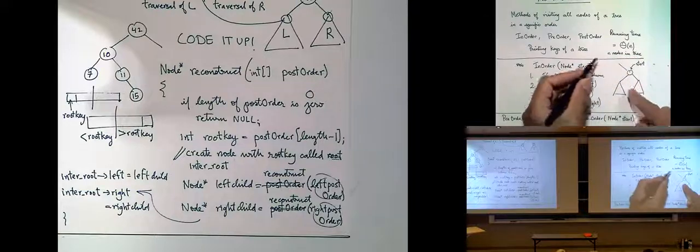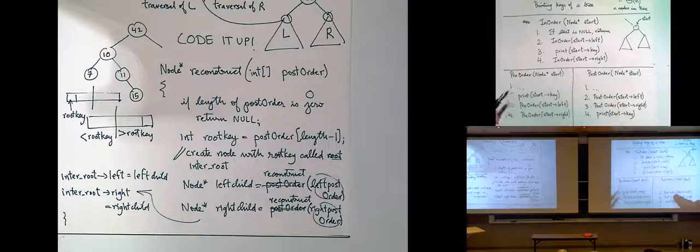Because what these procedures do is that they visit every node essentially exactly once. They go to each node, and if there are n nodes, it runs in O of n. All right?